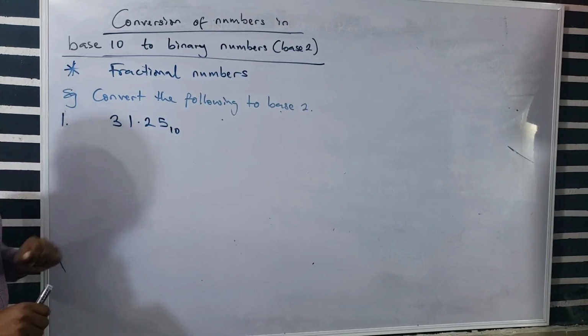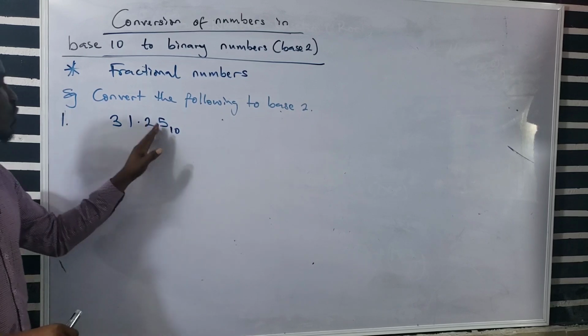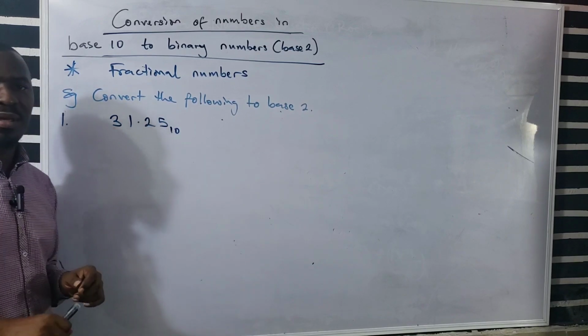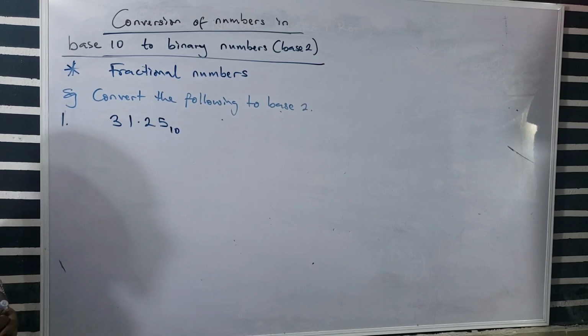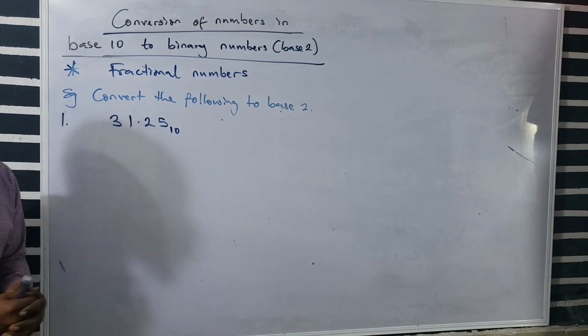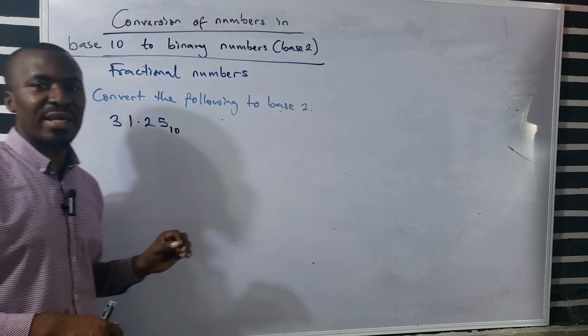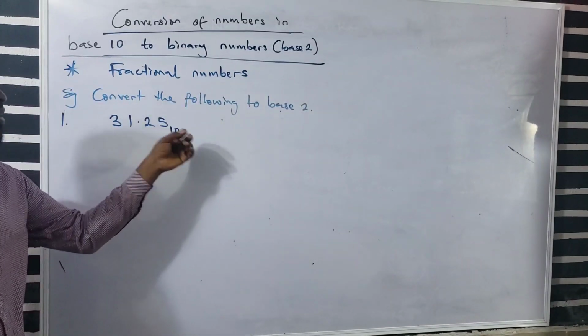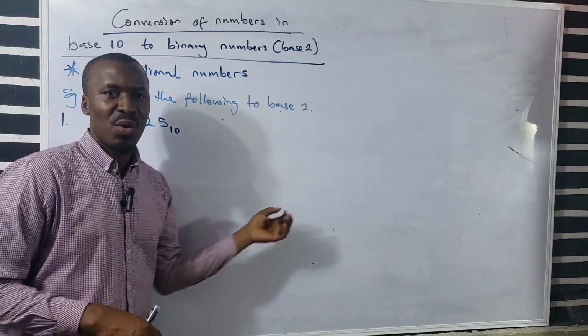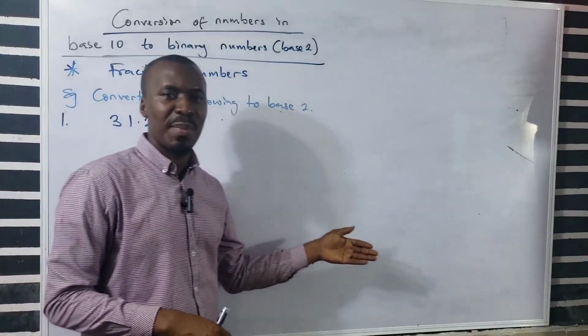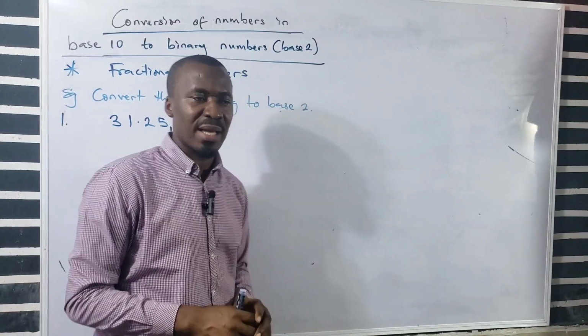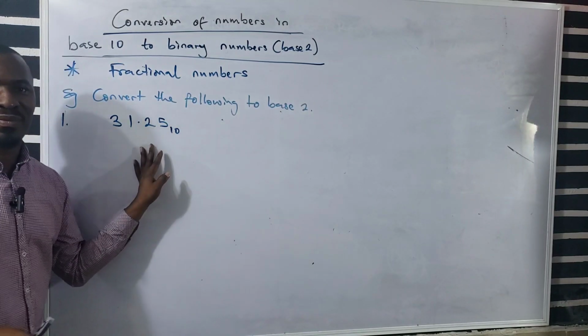Look at this, 31.25 base 10. What are we going to do? Here, it's not like when you are dealing with fractional numbers from base 2 to base 10, where you just put minus index to get your answer. We don't do that here.